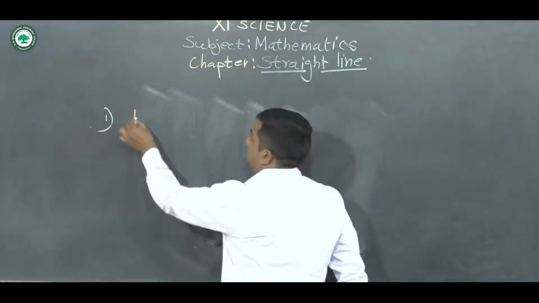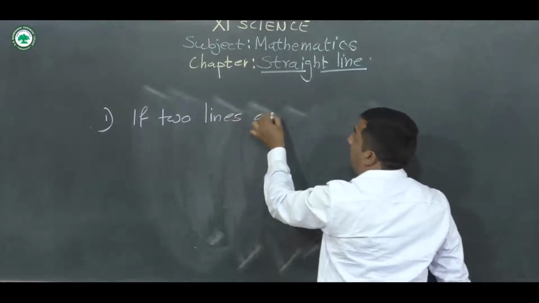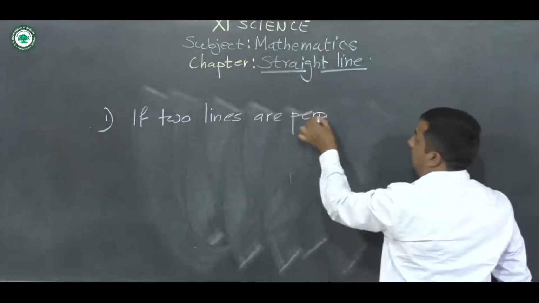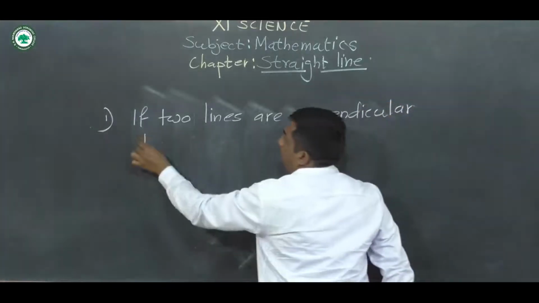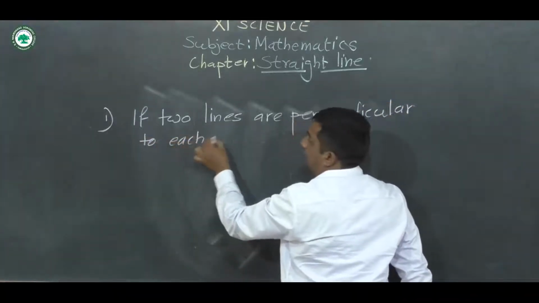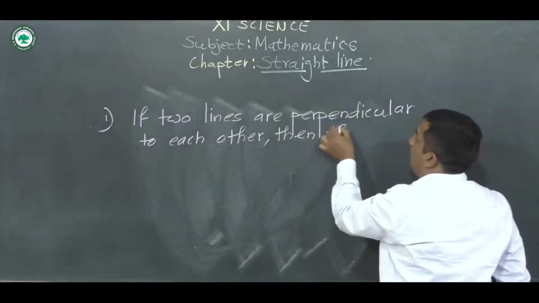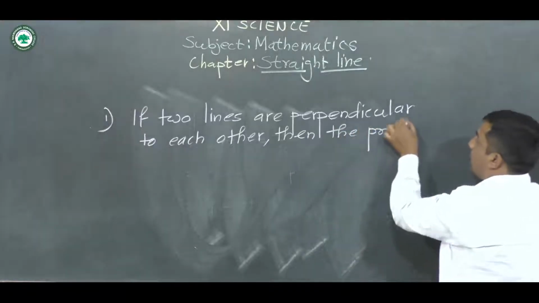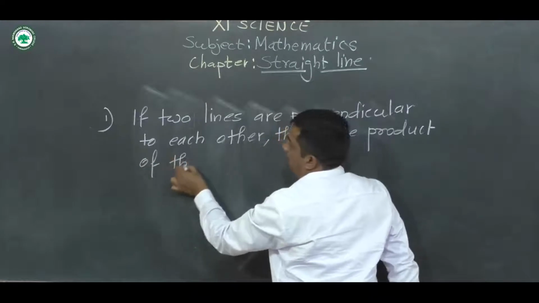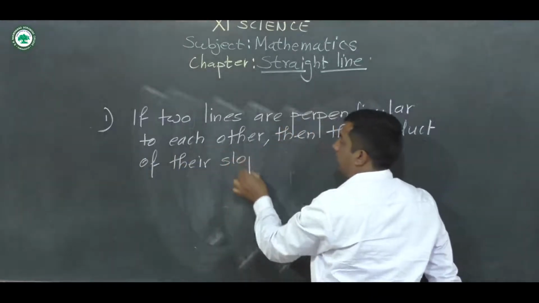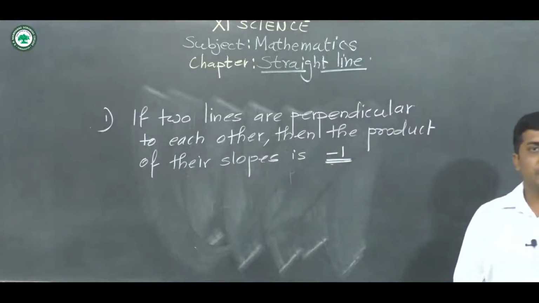If two lines are perpendicular to each other, then the product of their slopes is always minus 1. Remember this part.